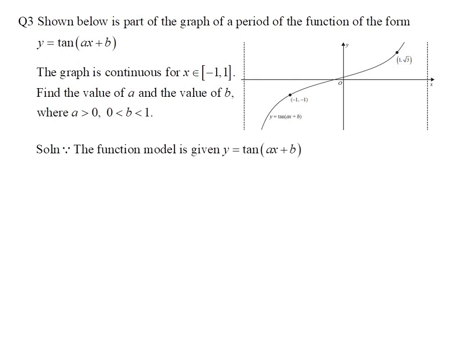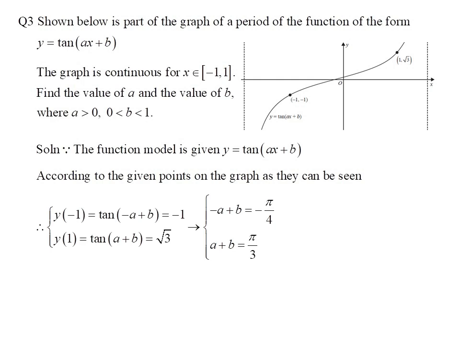Since the rule of the function is y equals tan of (ax plus b), according to the given points on the graph, we have two simultaneous equations established, such as y of -1 equals tan of (-a plus b) equals -1, and y of 1 equals tan of (a plus b) equals square root 3.